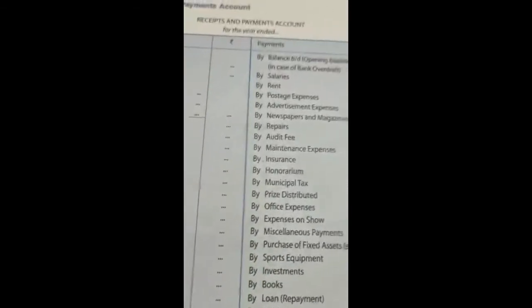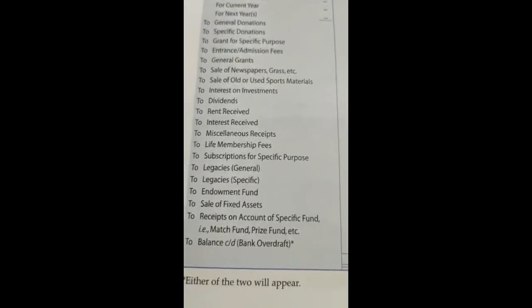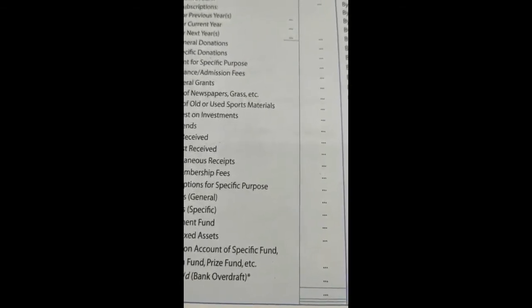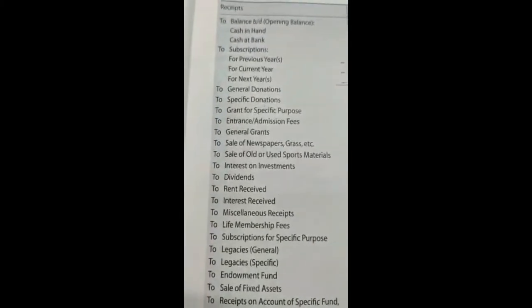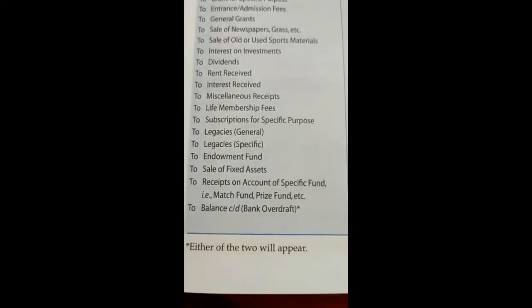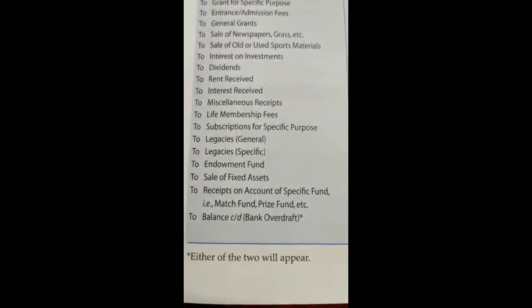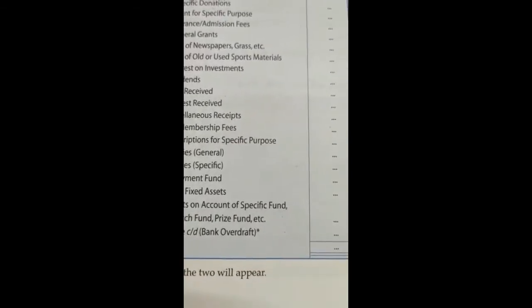It is only possible that payments are more than receipts when you have taken a bank overdraft, because cash cannot be negative. Bank balance can be negative. So in the question, if your payments are more than the receipts, you will have a closing balance like this, balance c/d, that is bank overdraft.